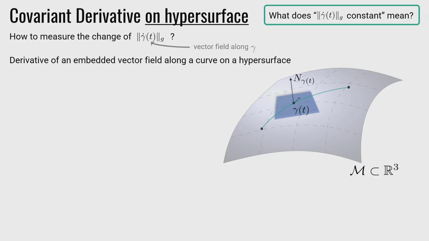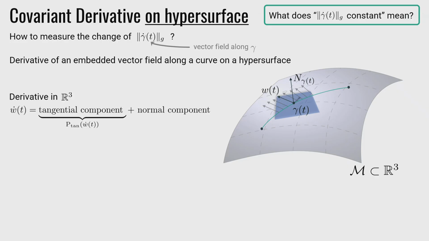So if we do this here in this hypersurface setting, where we have a surface in R2, and a two-dimensional surface in R3, and we have this vector field W(t). And what we could do is just computing the usual time derivative. So this is this W dot. And now this time derivative, because we computed in R3, has a component which lives on the surface, and it has a component that maps away from the surface in normal direction.